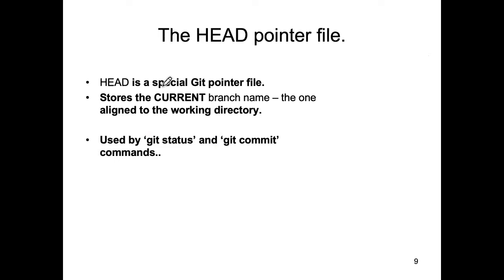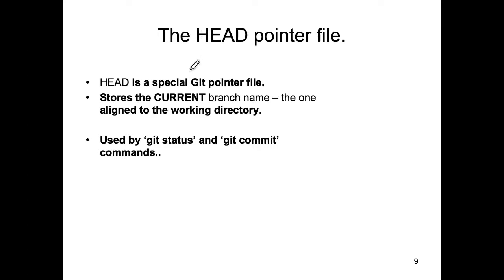So when you type the git status command, what Git does is it goes looking for this head file, and the head file will contain the path name of the branch that you're currently working on. And then when it has that branch path file name, it then knows it can find the commit object for that branch, and so on.